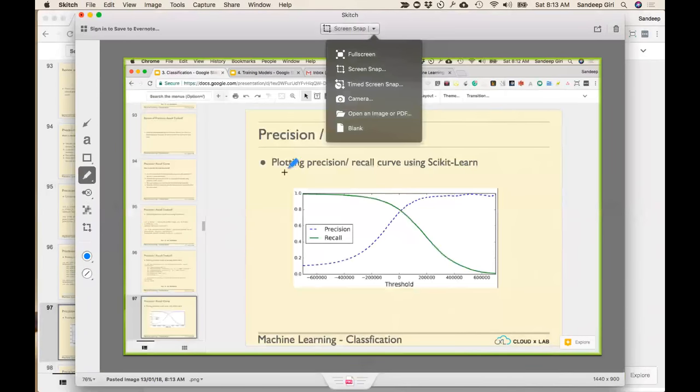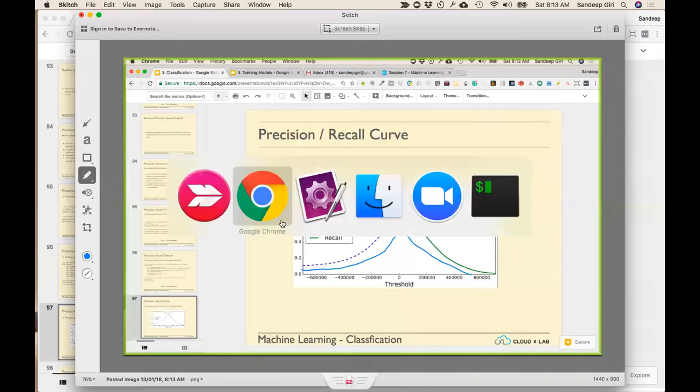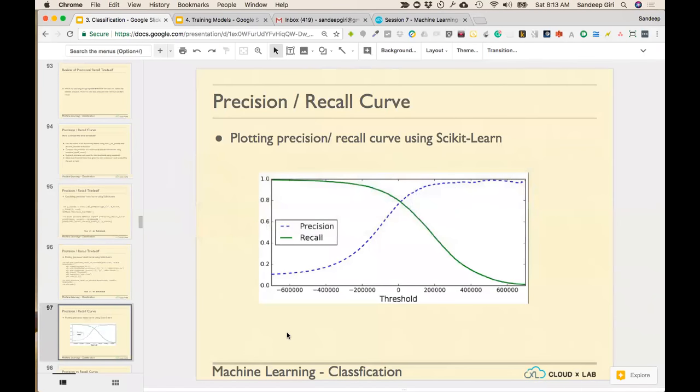What I was trying to describe is that F1 will go up something like this, go till here, and then come back down. F1 score is great when both the values, precision and recall, are great.